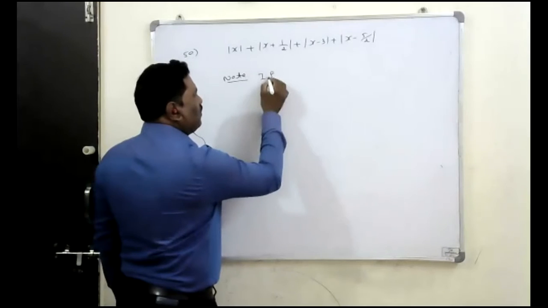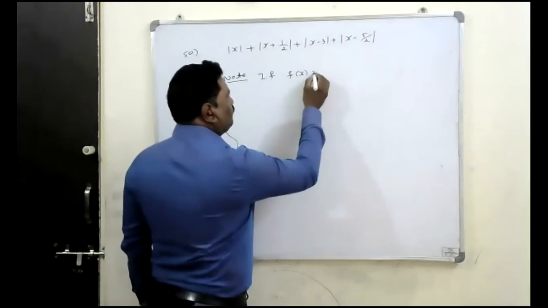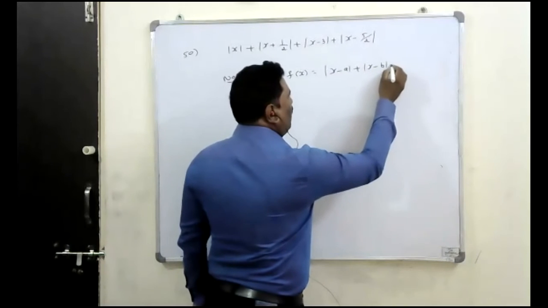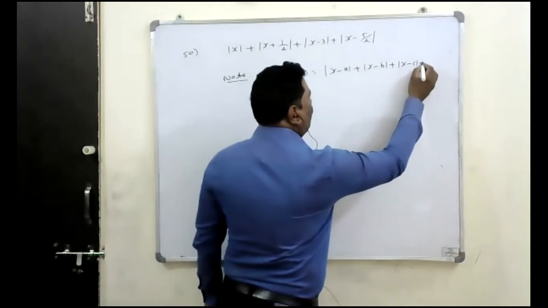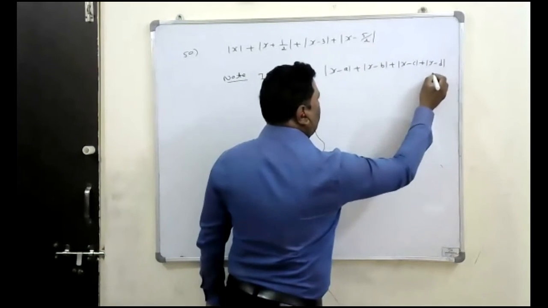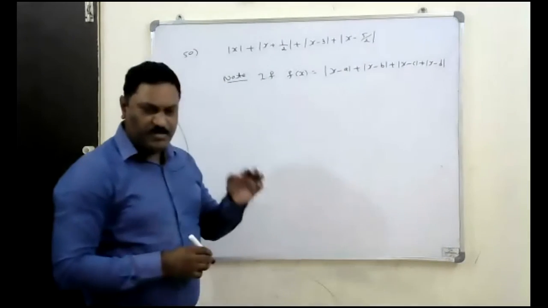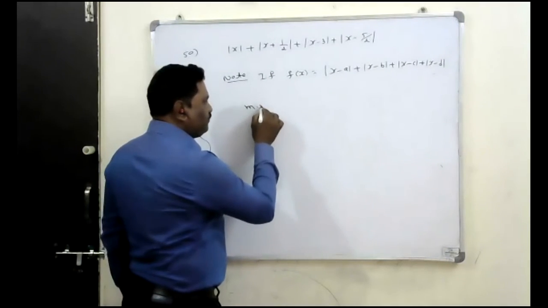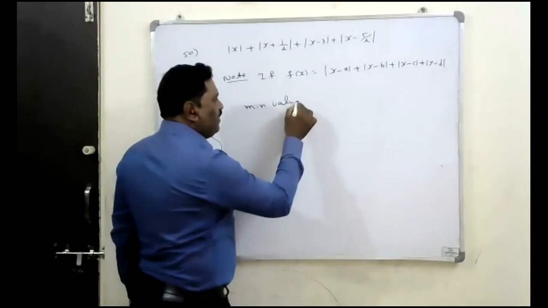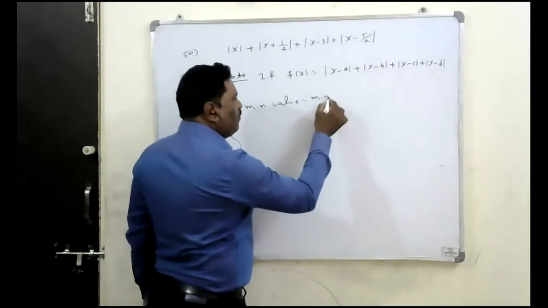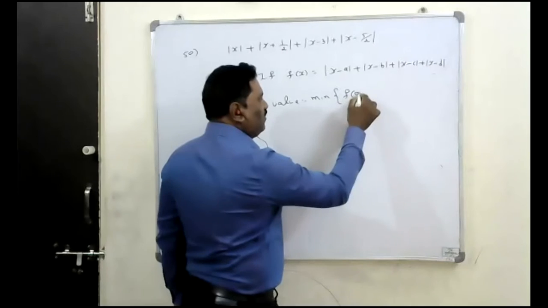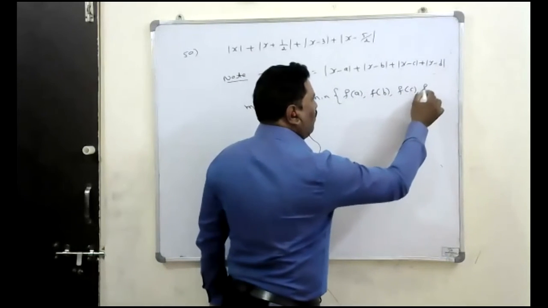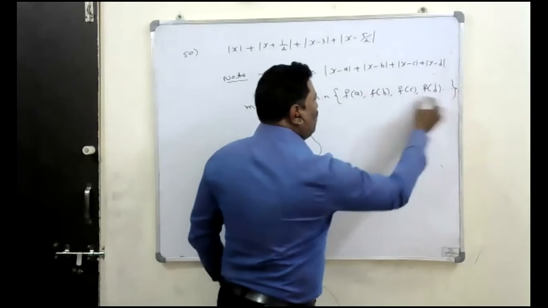Suppose f of x is equal to mod x minus a plus mod x minus b plus mod x minus c plus mod x minus d, etc. If any function is of this format, then its minimum value is the minimum of either f of a, f of b, f of c, f of d, etc. It means we will find all these values.